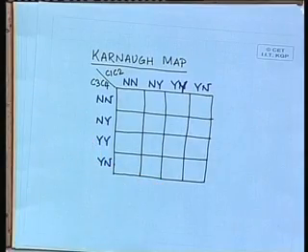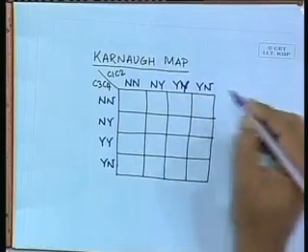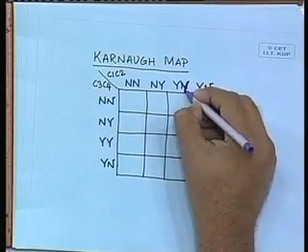You see, N and Y are basically nothing but true and false. So, you can put them as true and false as well.